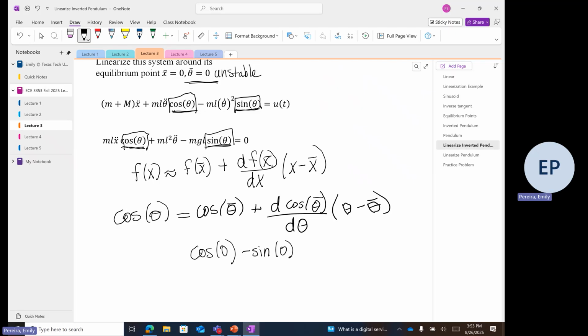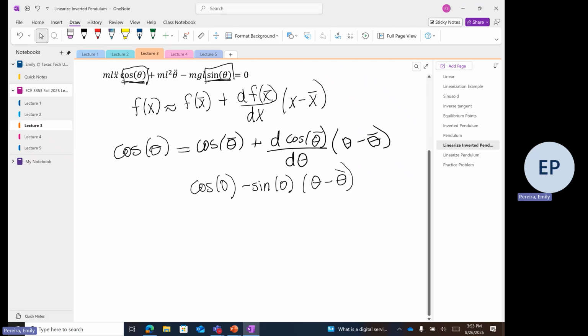At 0 times theta minus theta bar. Cosine of 0 is 1. Sine of 0 is 0. So this is going to give us 1.